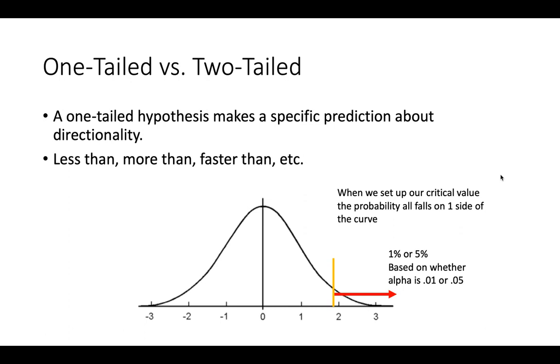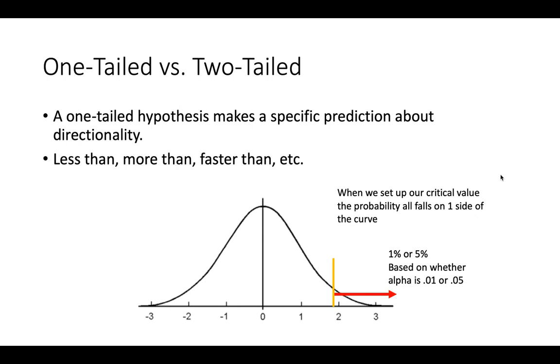So do we think that a group will be less than, greater than, more than, faster than, slower than, smarter than, meaner than, whatever the variable is? Is the researcher making a prediction that the group will score less than or that the group will score greater than the population of interest for comparison?